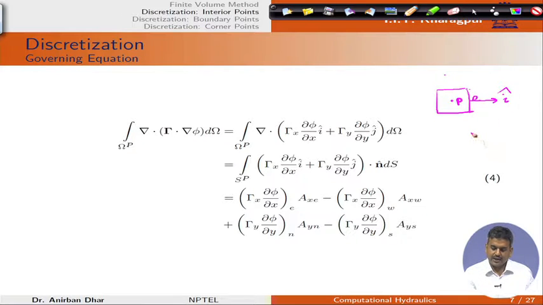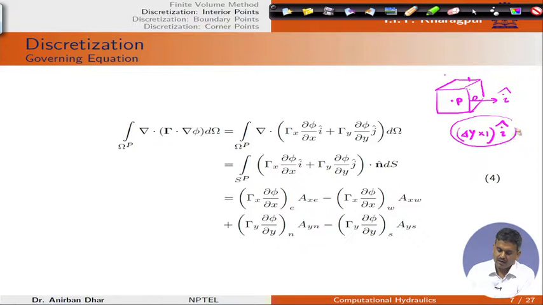The area in this case is del y, and perpendicular to this direction we can consider unit distance. So, we can write it as del y into 1, this is the magnitude of the area, and the direction of the area is i.